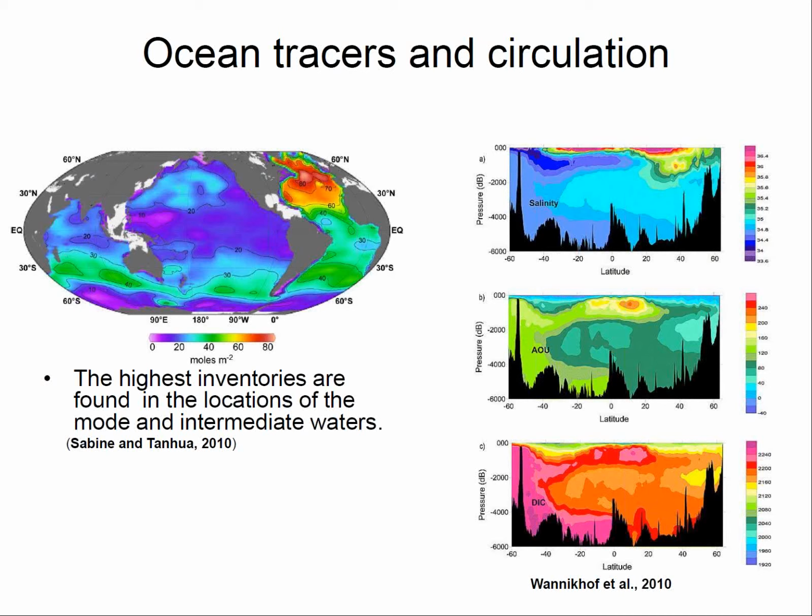What they state is that the highest inventories of CO2 in the ocean are found in the mode and intermediate water level. So it's really important, especially in this region here, we see a lot in the Southern Ocean. A lot of carbon uptake is done in these levels.